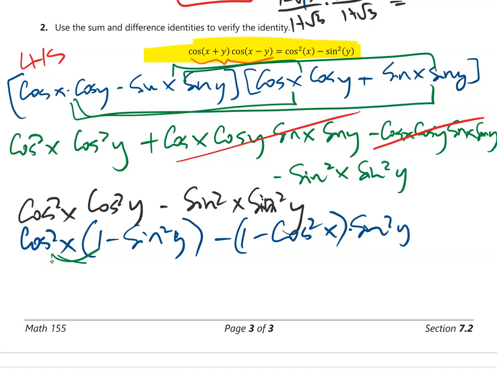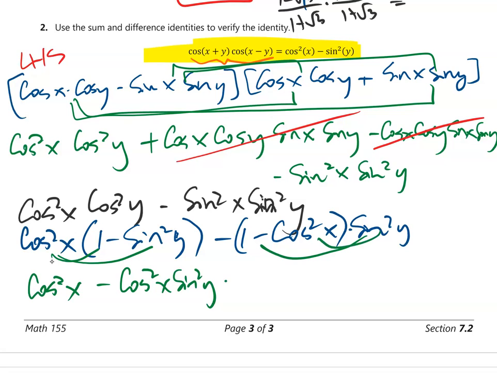Then distribute: cosine squared of x minus cosine squared x sine squared of y, minus distribute this sine squared y plus cosine squared of x sine squared of y, and simplify.